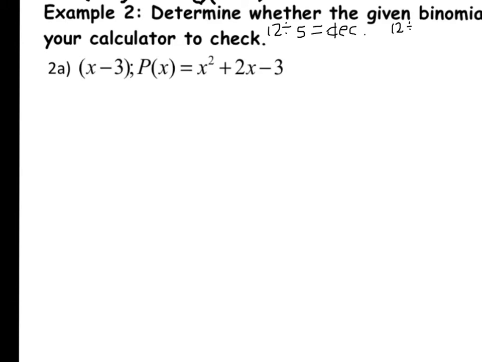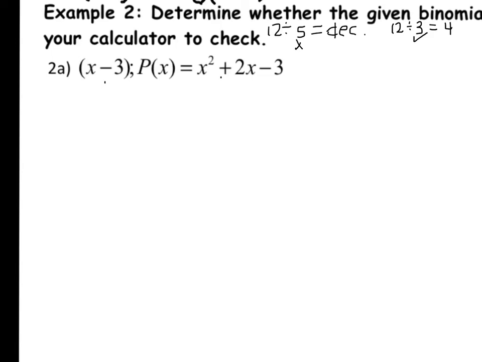Well, yeah, because 12 divided by 3 is exactly 4, remainder 0, right? So we say 3 is a factor, but we'd say 5 is not a factor. So basically, these are yes or no questions. Is this a factor of that? Yes or no. So what we have to check is whether the remainder is 0.